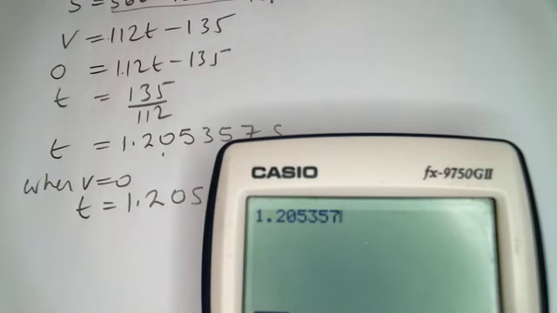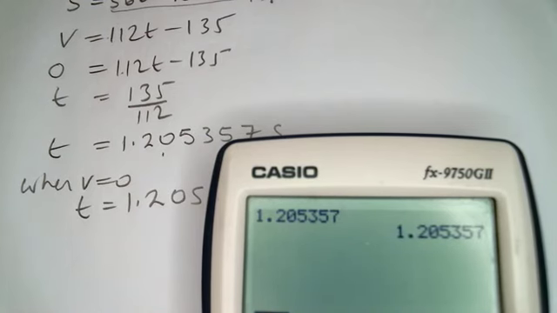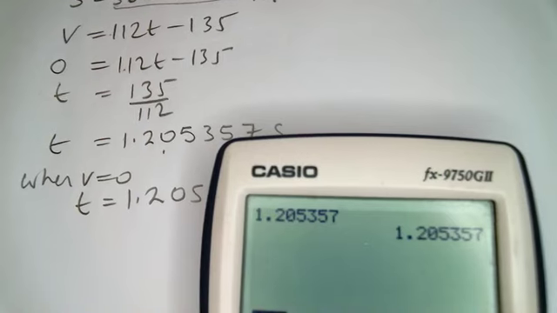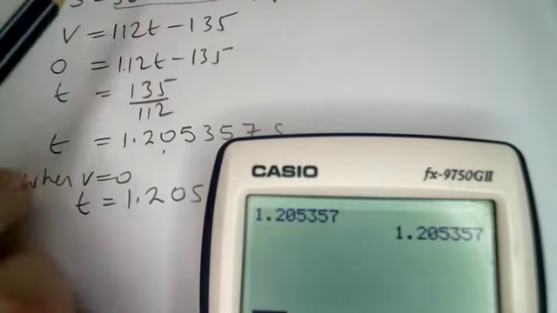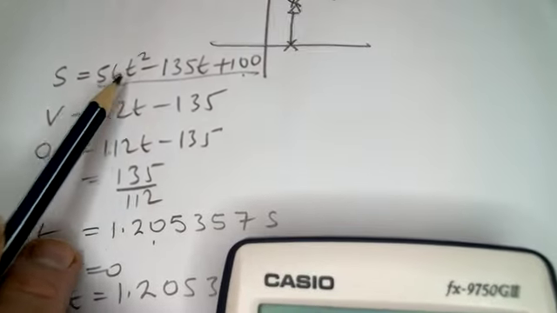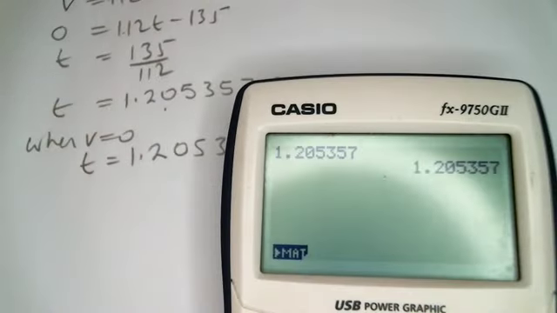357. I think that's the number. Okay, I'll just keep it as the answer. So let's go ahead and do that. We're going to take the 56, and every time I see a t, I'm going to place that number in there.